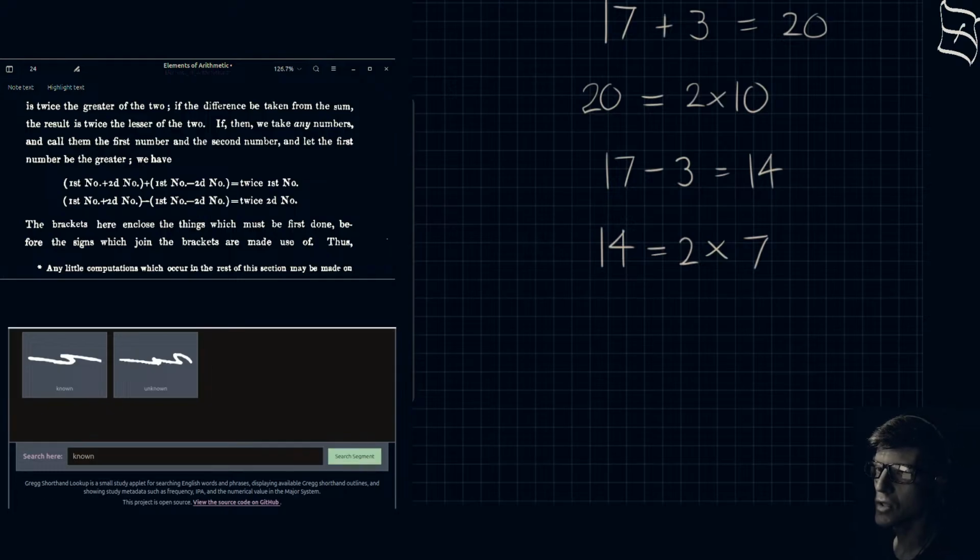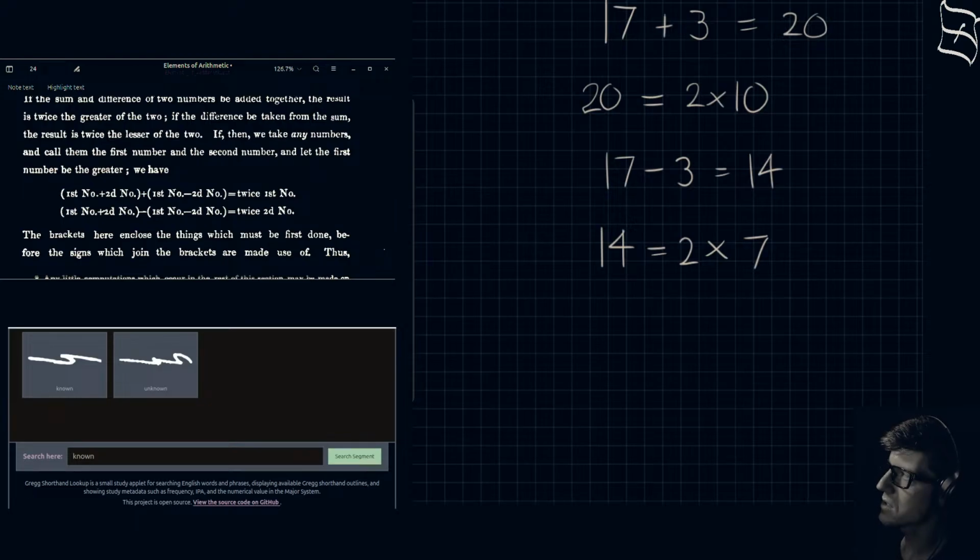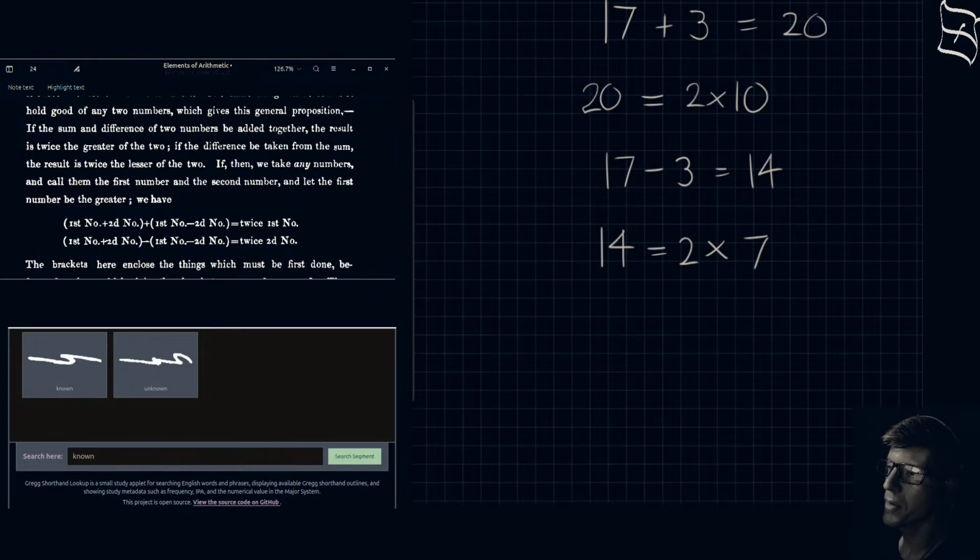Well, that's really interesting, okay? Any computations which occur in this may be found on the fingers or with counters. And counters, he means, if you're going to use counters, then that would be your abacus, which I'm not going to get into right now.